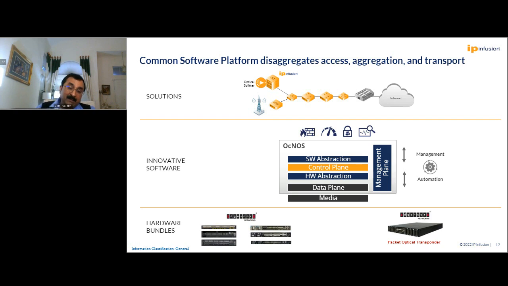MPLS networks can be of many different types, depending upon how old your network is or how recently you rolled out MPLS. It can go all the way from static signaling with LDP, or RSVP or BGP based signaling, to the latest ones, which actually have eVPN capabilities.